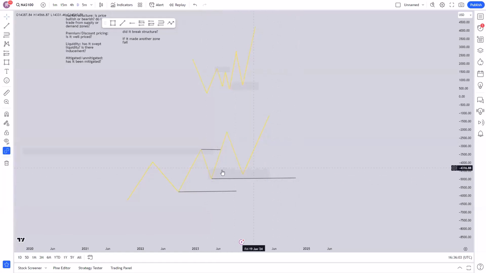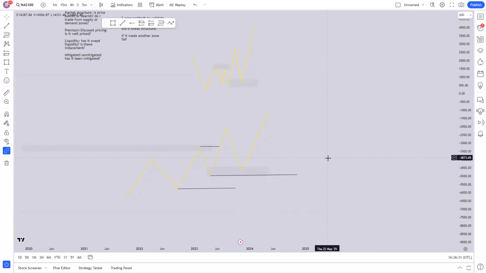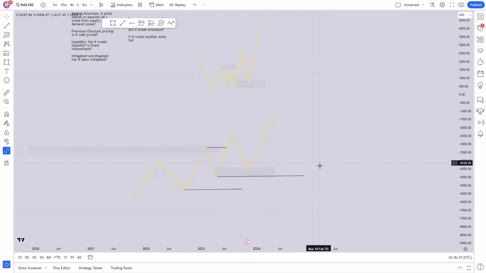They want to protect this money, and who I mean by they is the big banks, the Goldman Sachs and BlackRock, all of those big corporations and institutions that have a lot of money, and they put through trillions of dollars or whatever currency through the market every day. What would they then do? They would push price back up to make sure that this zone doesn't fail and all their orders get swept, all the liquidity gets swept and their money just goes to waste. So I hope that makes sense.